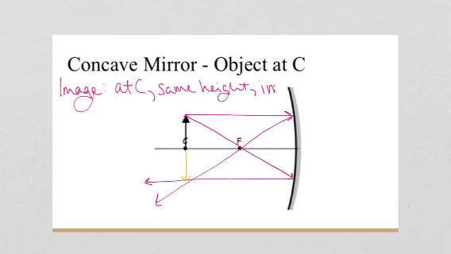It is still inverted. And of course it is a real image because it is located in front of the mirror. I realize I did not do one of these as well. So, I'm not doing it perfectly, but you get the idea that that is where the image should be located.